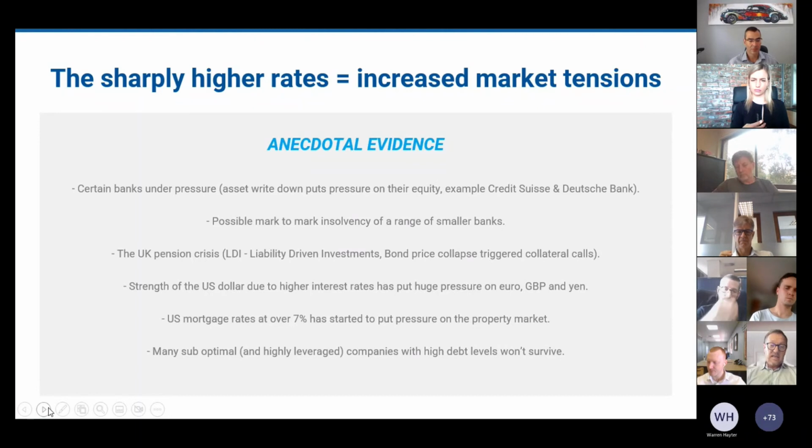The other factor which I'm starting to see now, and I think this is going to be important, is that there are a lot of highly geared companies. A lot of companies, small and large, have taken on debt and geared up their balance sheet, because if you're giving away money at super low rates, it makes sense to do that.